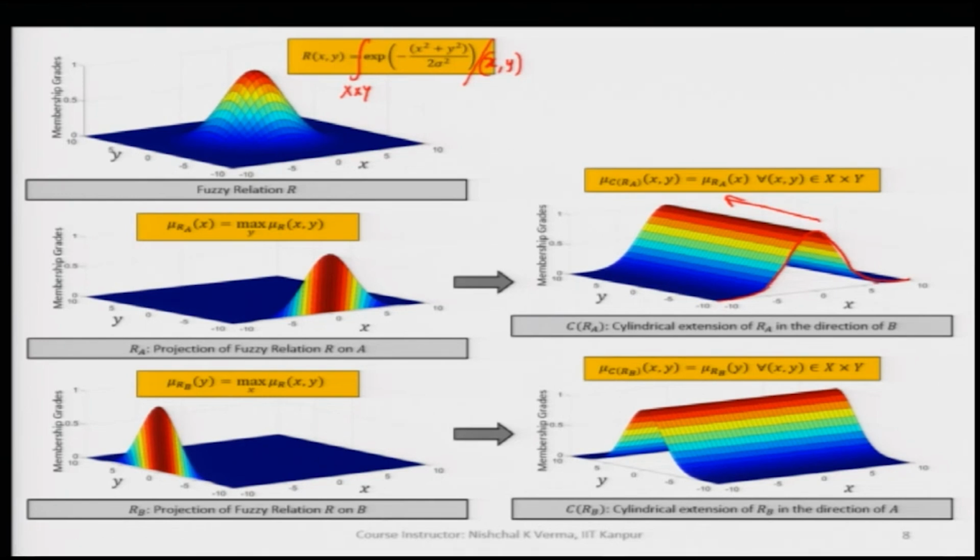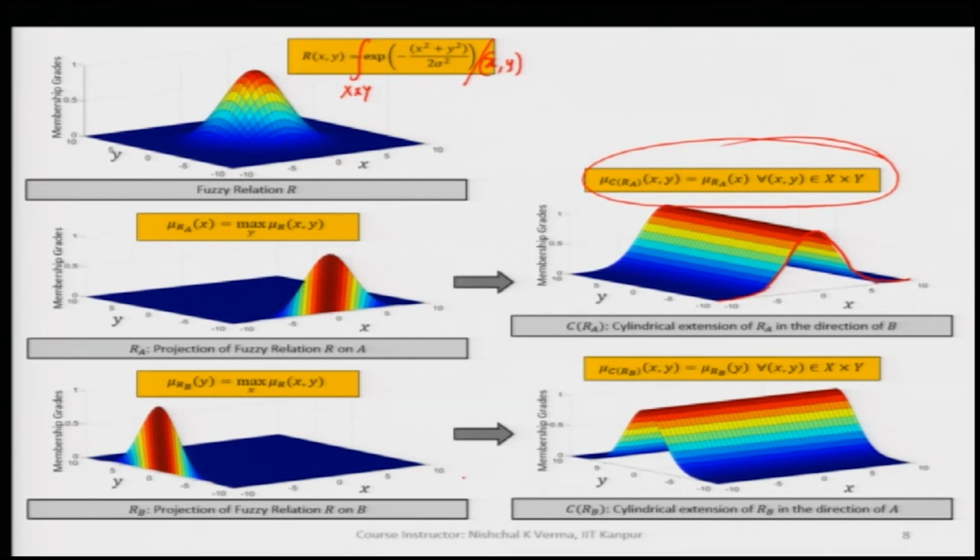That is why it is called cylindrical extension, and we use this formula for extending the dimension. The mu values of this cylindrically extended fuzzy set, mu C R A of x y, are going to be equal to mu R A of x, for all x y belonging to the universe of discourse x cross y.